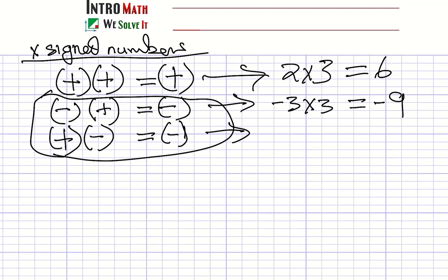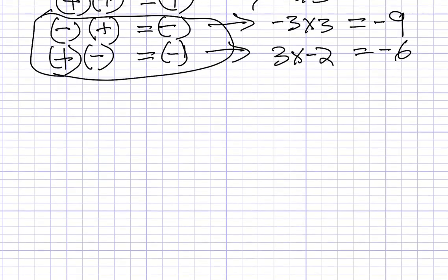Suppose you have 3 times negative 2, you're going to get negative 6. So that's what that is saying. I don't have enough time to go into this in detail, so I just give it to you. But that's how you understand multiplication of signed numbers.